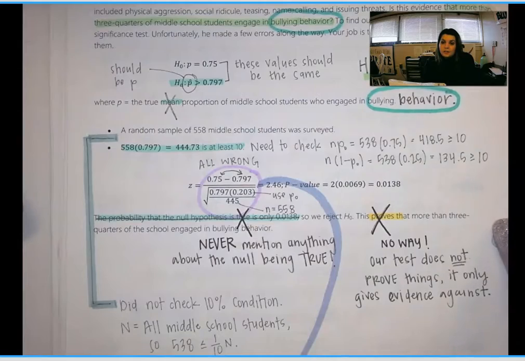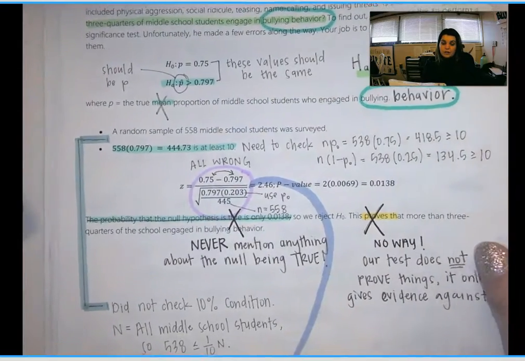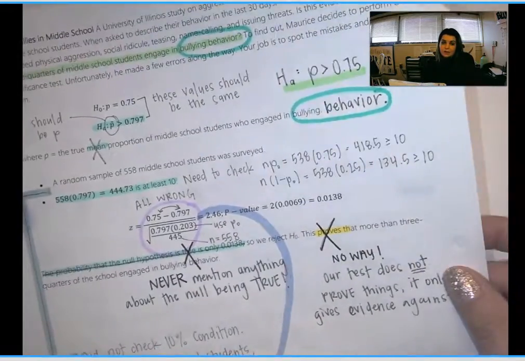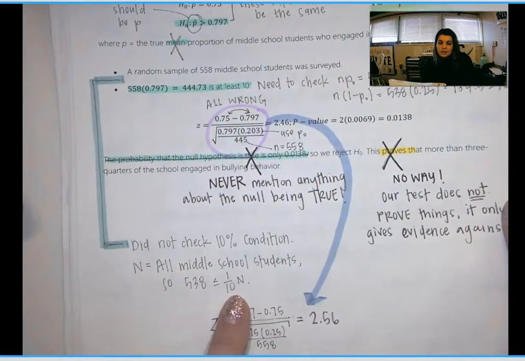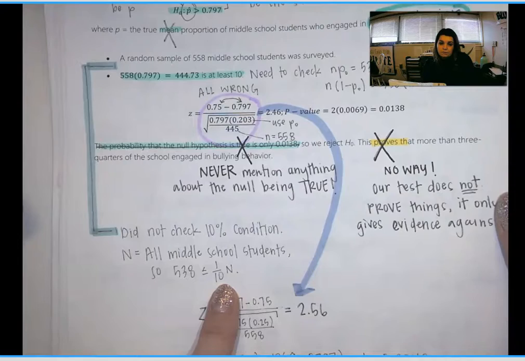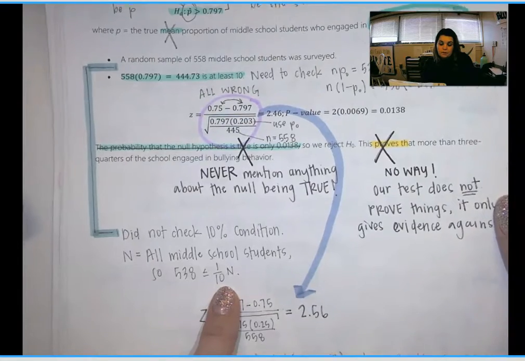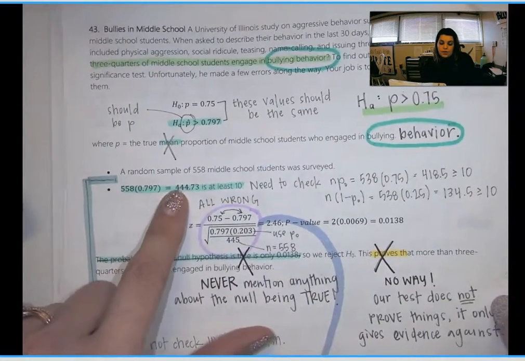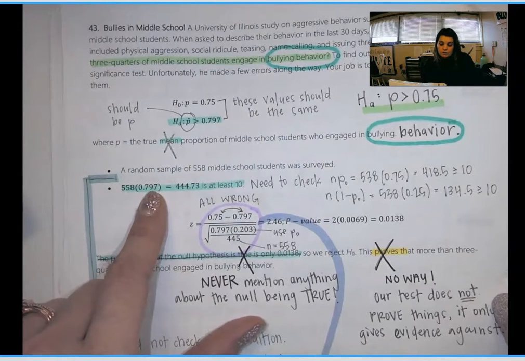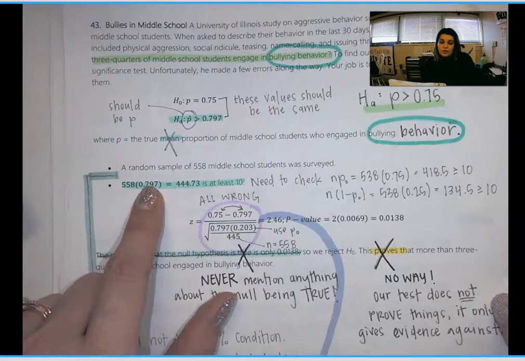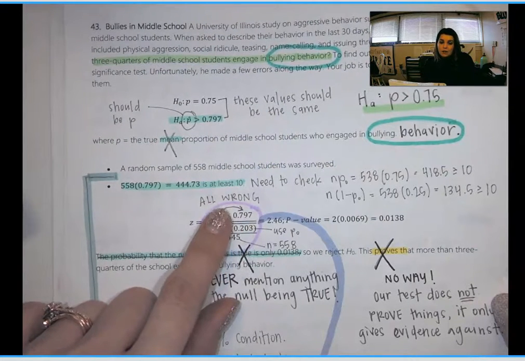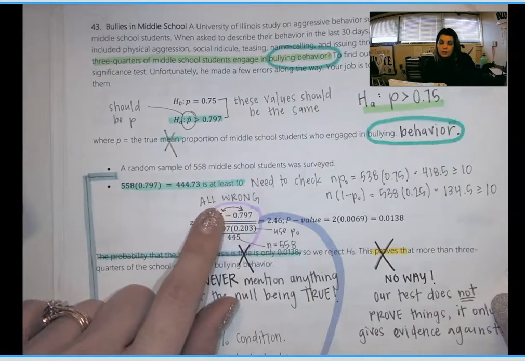The random condition was checked correctly, but they did not check the 10% condition. So down here, I have checked the 10% condition. And then for the large counts condition, they use the wrong formula. So the only place that you use 797 is down here in your Z calculation.